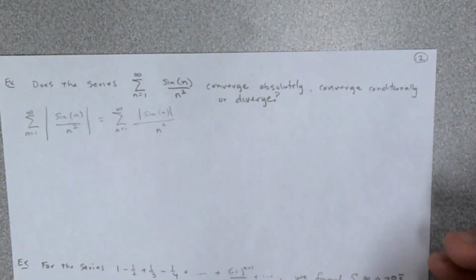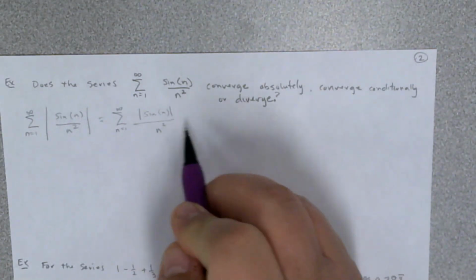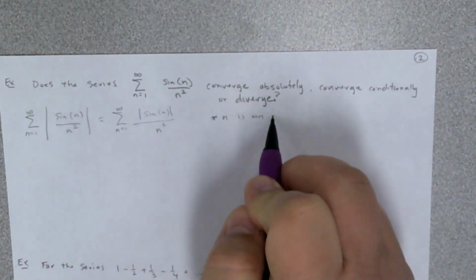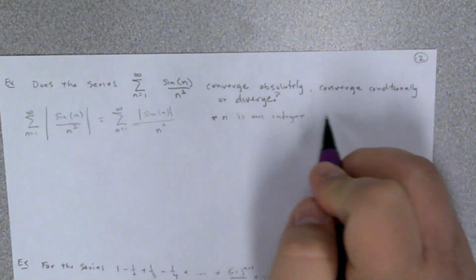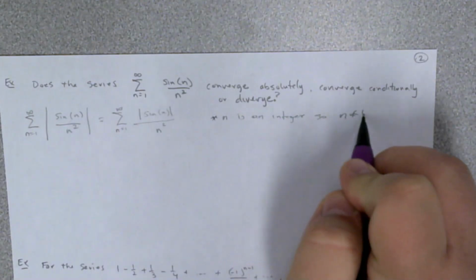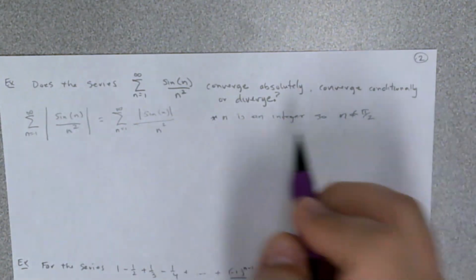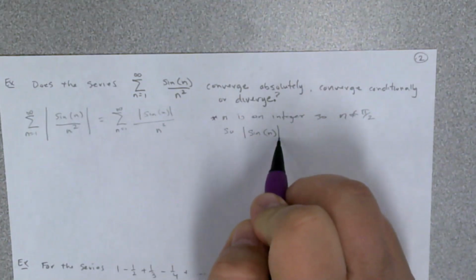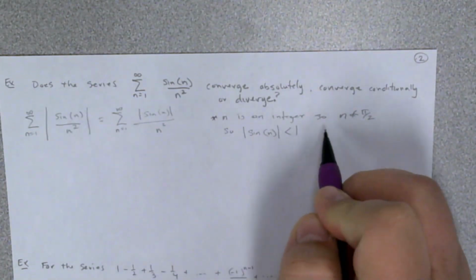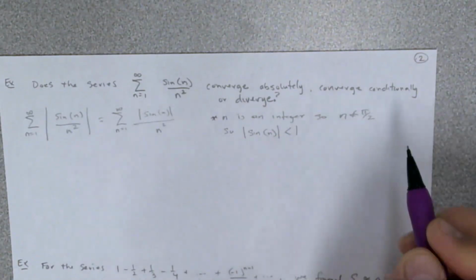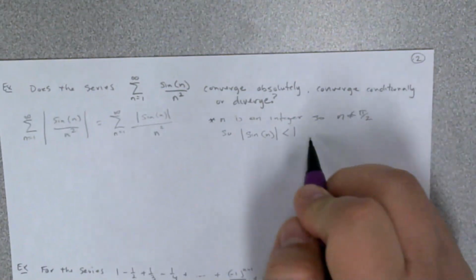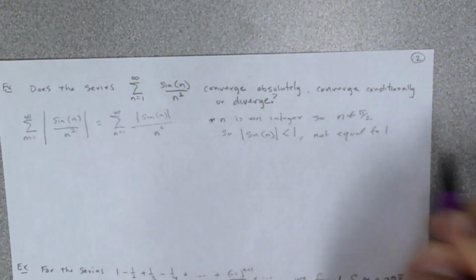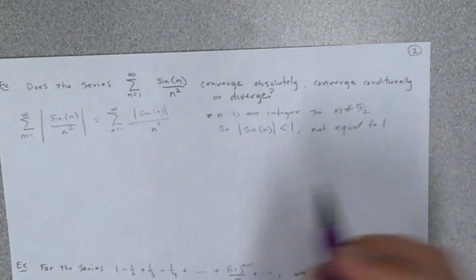N is an integer, so n cannot equal pi over 2. So the absolute value of the sine of n has to be less than 1, and it cannot equal 1. It has to be less than 1 for all n.